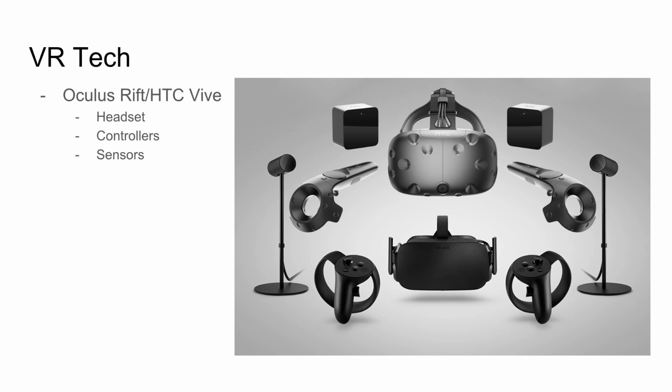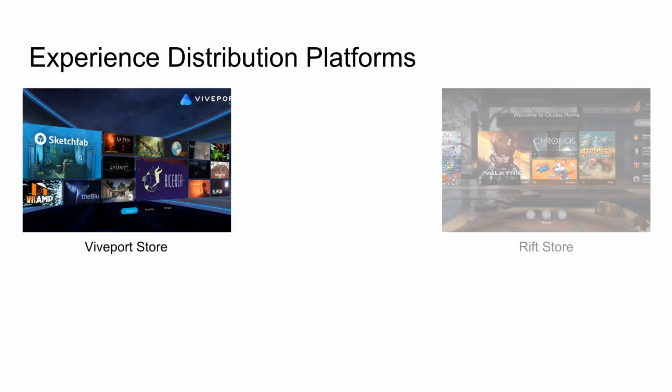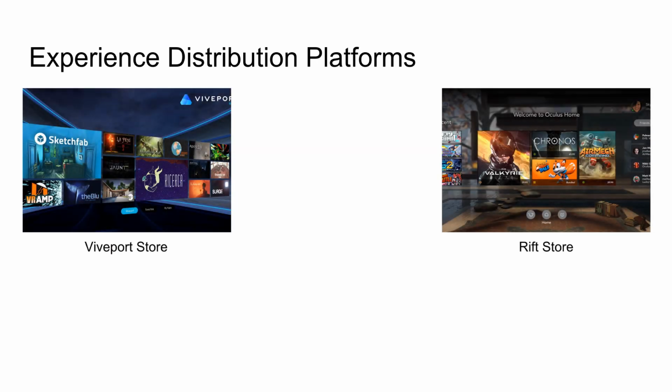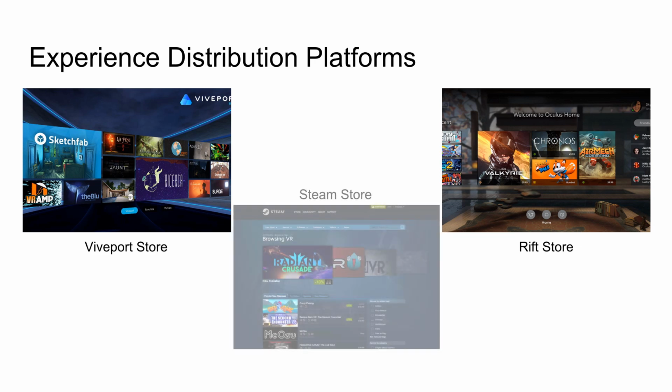So once you have one of these, you need to get games and experiences from somewhere. Both Vive and Rift have stores, and these work just on the computer and in VR. You can put on a headset and see all of the options that there are. And there's also another third-party distributor called Steam.